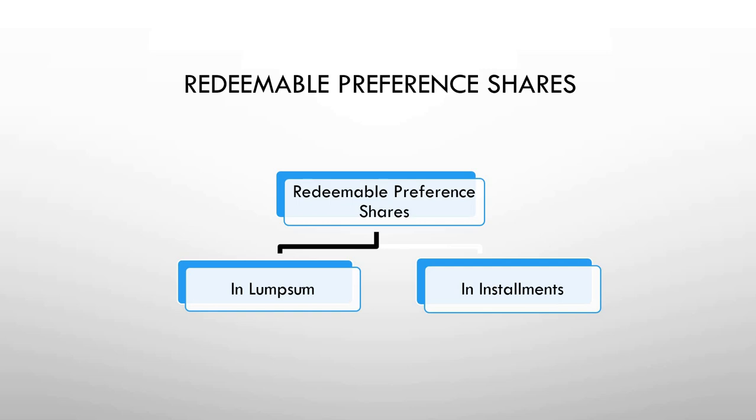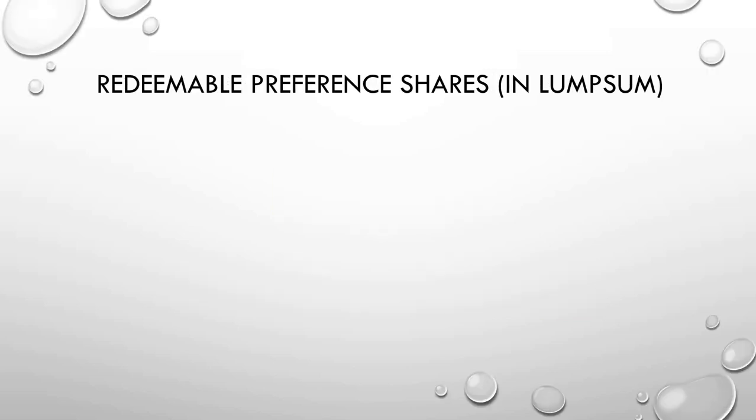Some part is given at the end of first year, some part at the end of second year or third year or fourth year, or maybe the company is paying in 2 installments, 3 installments, 5 installments depending on the scenario. So if the company is repaying in one shot, we name it lump sum. And if the company is paying in installments, we name it installment. So let's first discuss when the redeemable preference shares are redeemed in lump sum.